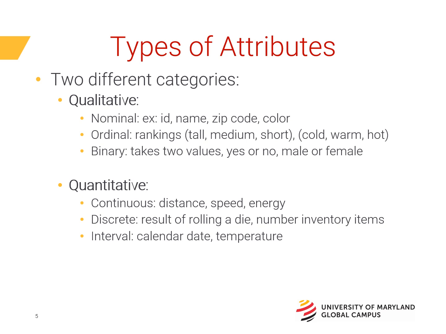And quantitative are generally numbers. Continuous could take an infinite number of possibilities: distance, speed, and energy. Discrete is still numbers, but they're bounded within some range. So here, the result of rolling a die, right? There are some possible outcomes, like 6 different values. Number of inventory items is finite in general.